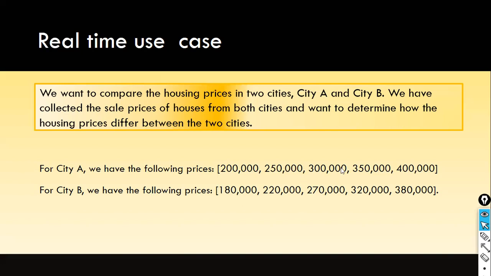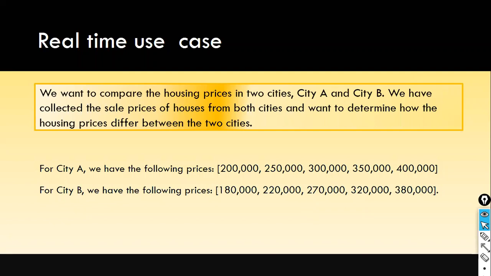We don't say 50th percentile; instead, we call that the median. Median is the middle value. And the 75th percentile. For both the data sets, we need to find out the 25th percentile, median, and 75th percentile.